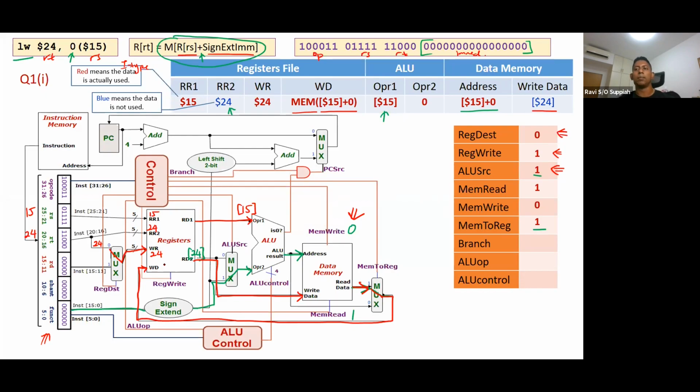And since my register write is set to 1 and my write register is set to register 24, that means register 24 will now be updated with this content that I just read from memory. Okay, and since this is not a branch instruction, branch is 0, the ALU op, ALU control you can ignore. Okay, we're not covering that.